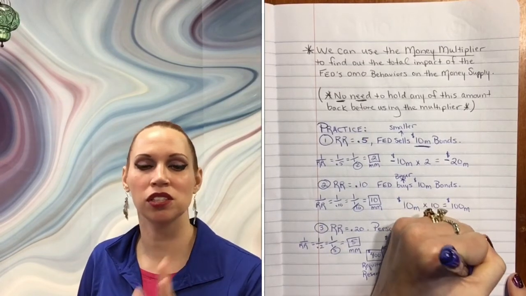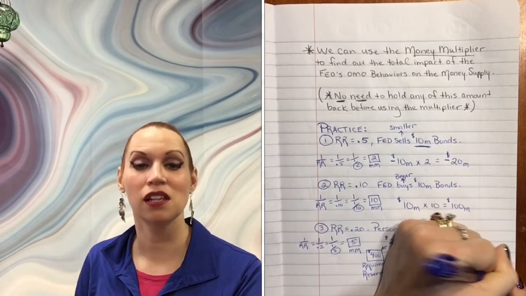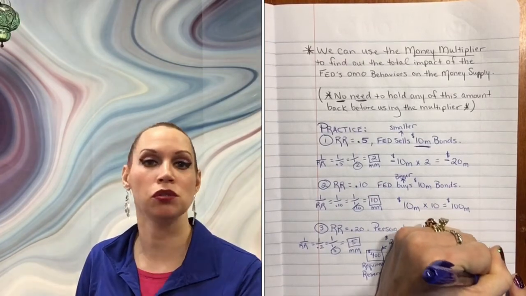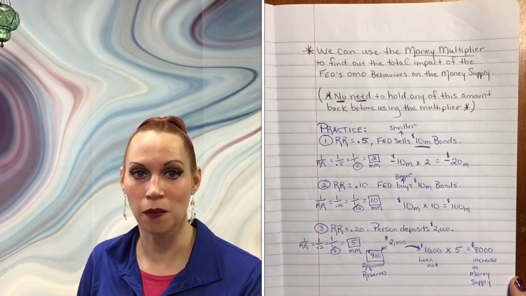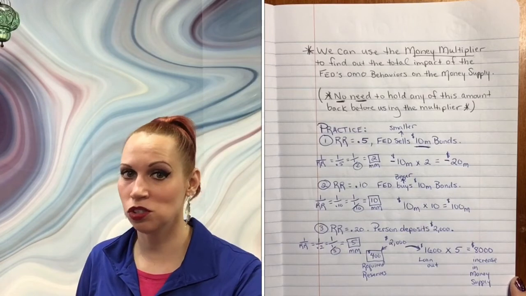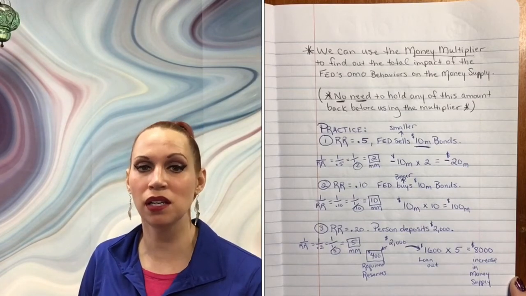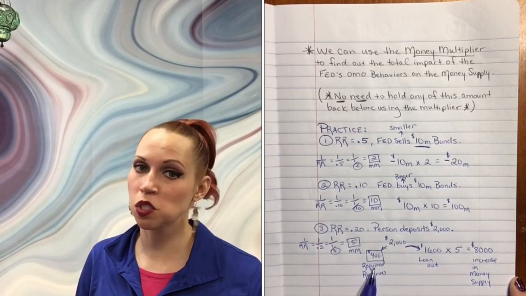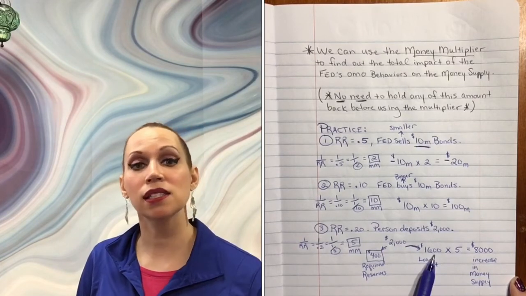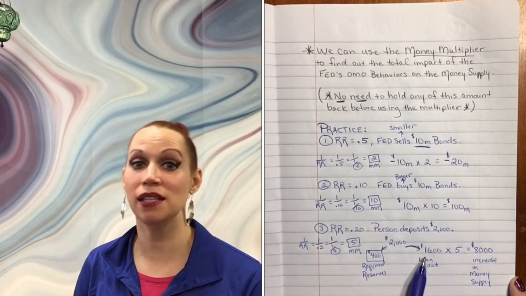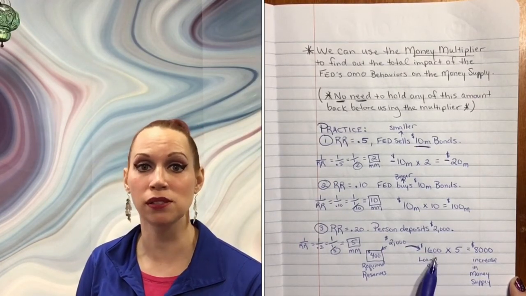So 1,600 times 5 is going to be 8,000. So that person's deposit of $2,000 in their checking account, after their bank holds on to a percentage of it, loans out some money, that next person's bank holds on to a percentage and loans out that money, it's going to lead to an overall increase of $8,000 in the M1 money supply.